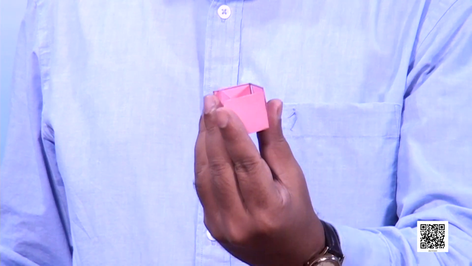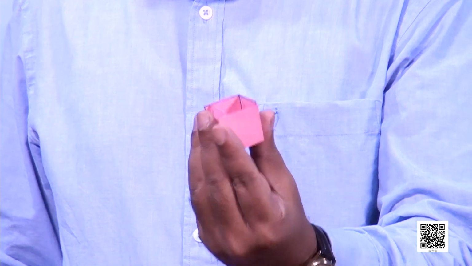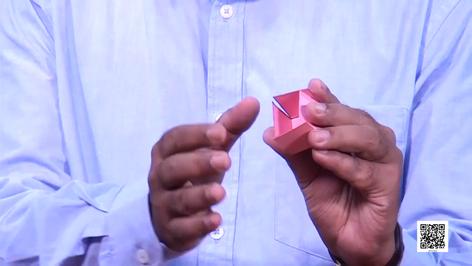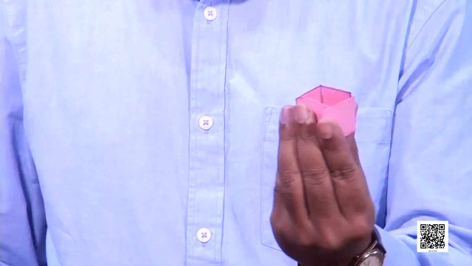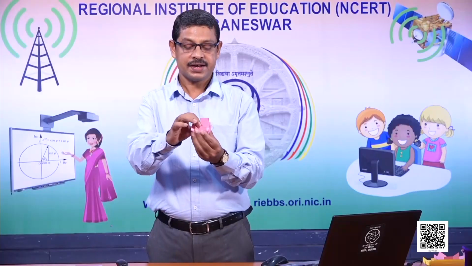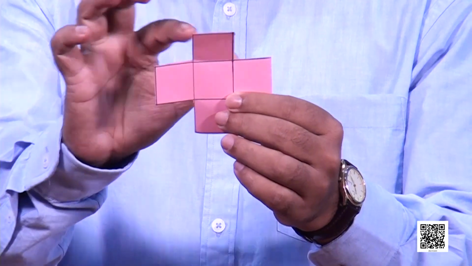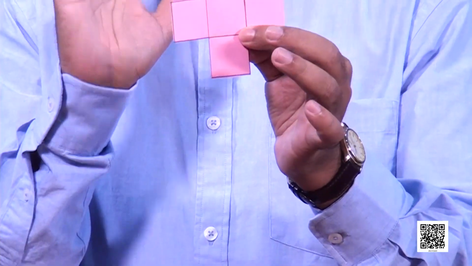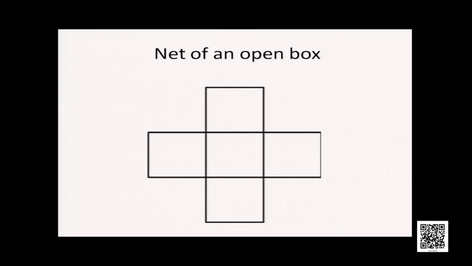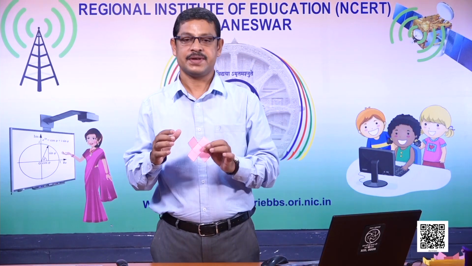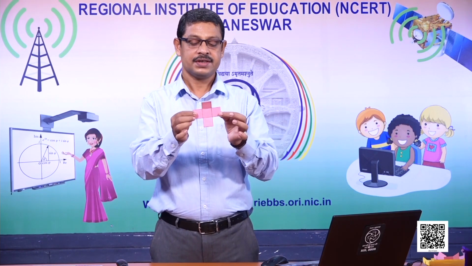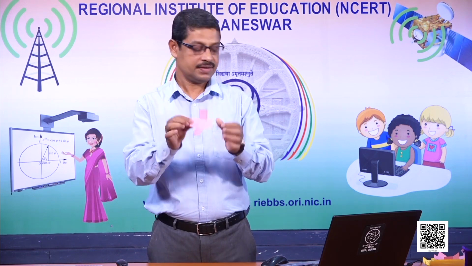It is also cube shaped, just it is open. How many faces are here? You see 1, 2, 3, 4, 5 faces. But in case of your cuboid that is closed, there are 6 faces. In case of an open box, there are 5 faces.